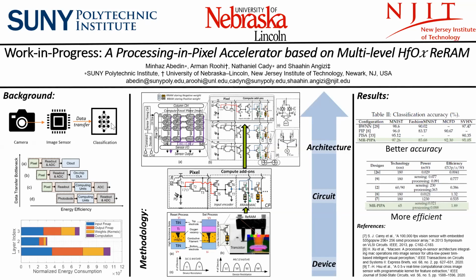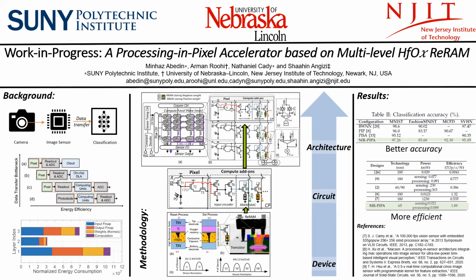So in our work, we try to have the neural network accelerator as close to the sensor chip as possible, which is in the image sensor or in the pixel. And we use RRAM, which is a non-volatile memory, and also has the capability of doing MAC operation. We included the RRAM cells inside the pixel, and we designed our custom input encoders to support that.